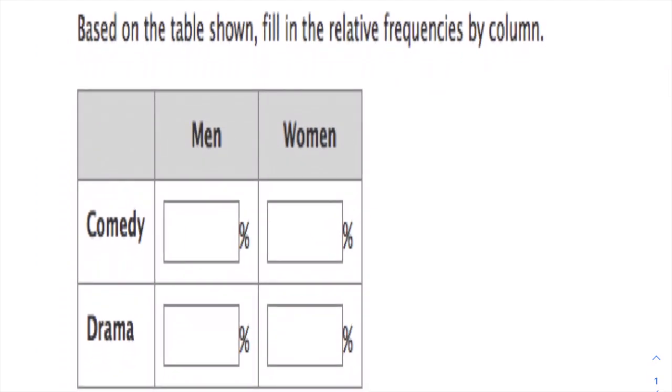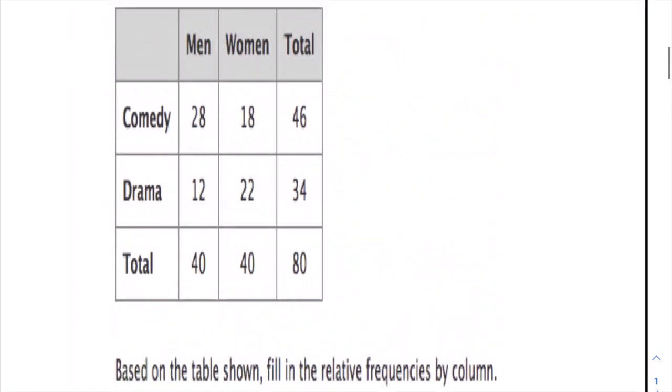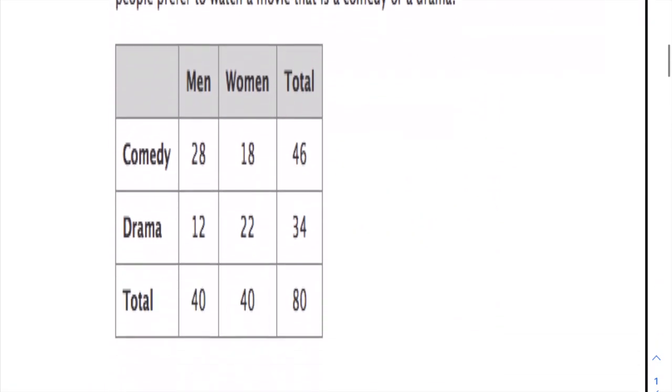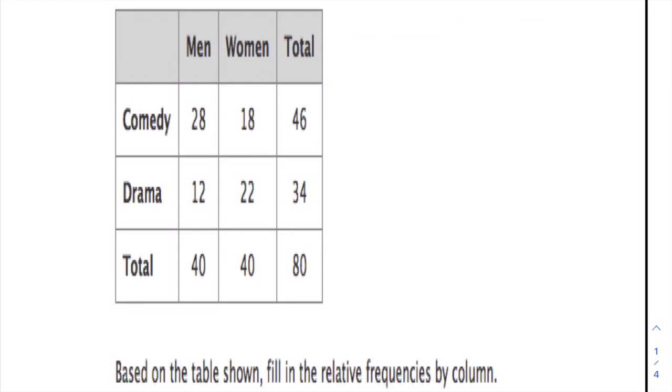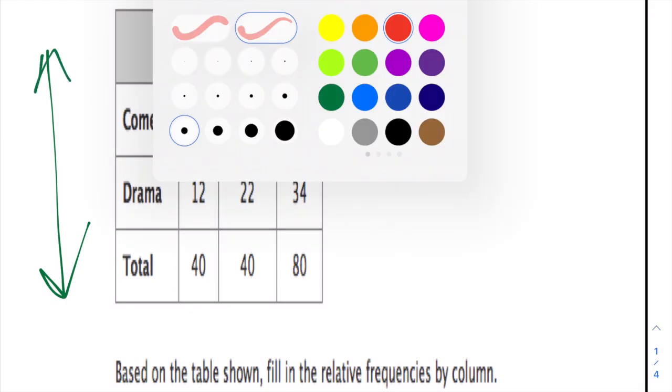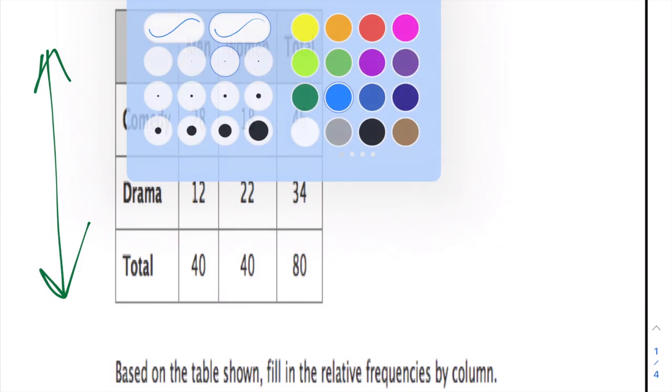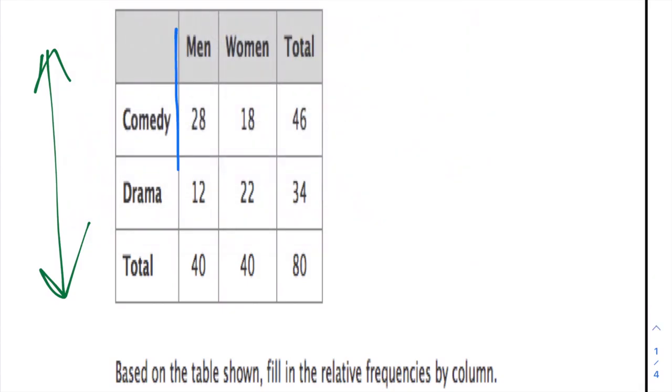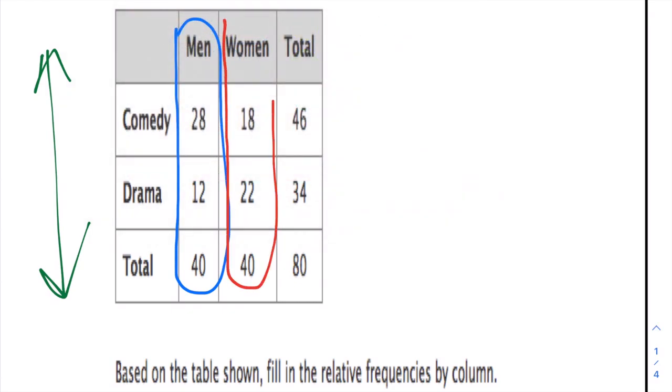It says, based on the table shown, fill in the relative frequencies by column. Column meaning they want us to look at this information straight up and down. So we're going to have two columns, men and then women.